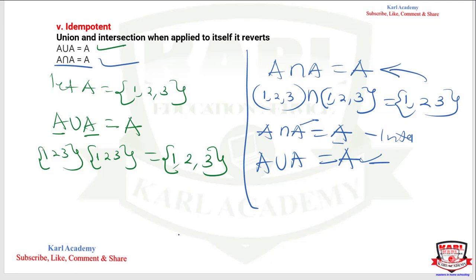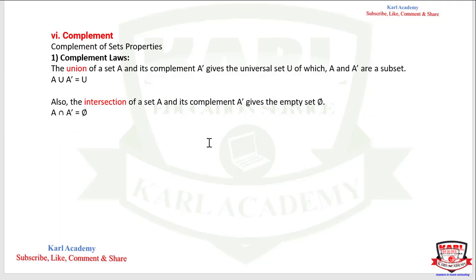Let's tackle the last one, which we call the complement property of a set. In the complement property of a set, the first one is the complement laws, whereby we are saying that the union of a set and its complement gives the universal set.